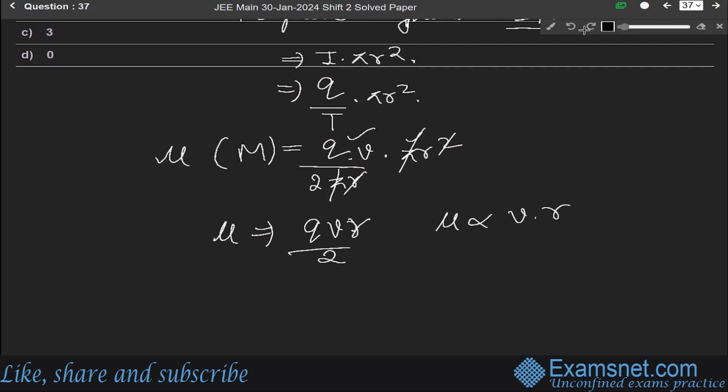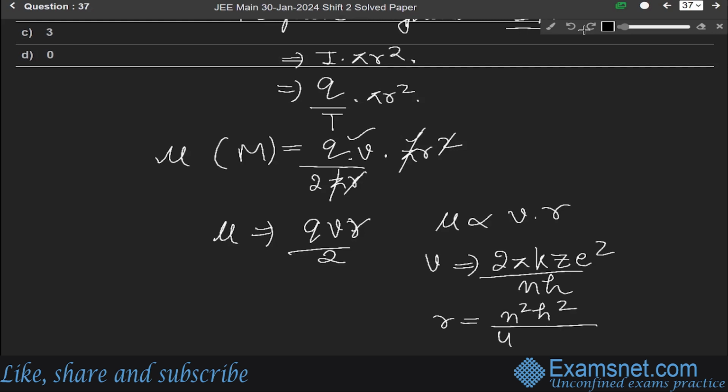And we know that in Bohr's quantization, the velocity V is equal to 2 pi k z e square over nh, and the radius is equal to n square h square over 4 pi square m k z e square.